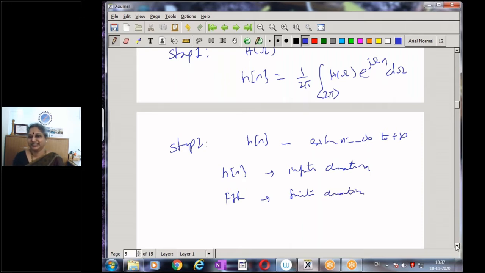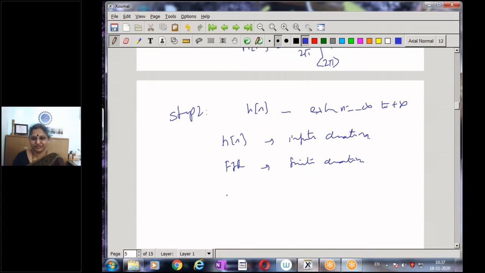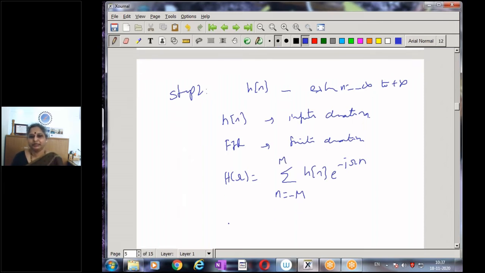So h of omega, which is actually the sum from n equal to minus infinity to plus infinity of h of n e to the power of minus j omega n, I simply truncate. I truncate it to going from minus m to plus m, so that the length of my FIR system is now 2m plus 1.